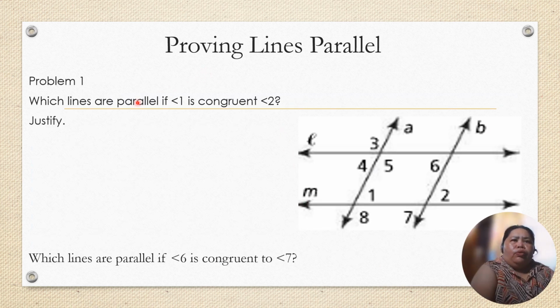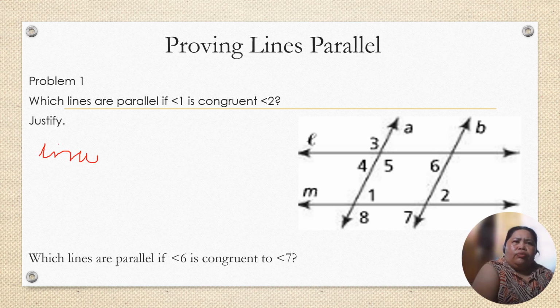Next, example number 1: which lines are parallel if angle 1 is congruent to angle 2? If angle 1 and angle 2 are congruent, therefore line A is parallel to line B. How are you going to write that?